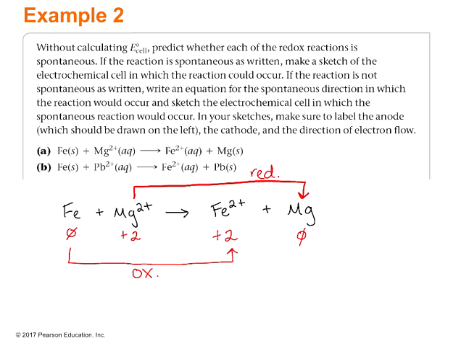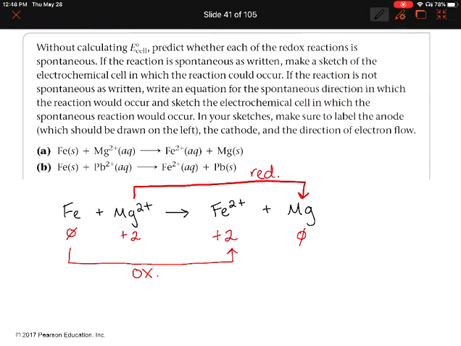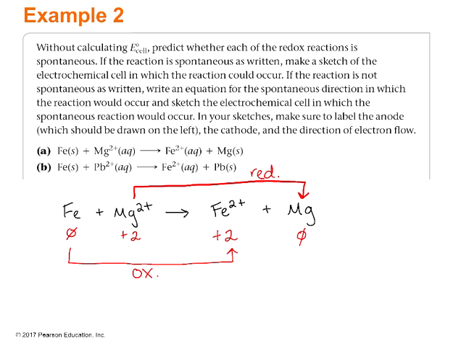Okay, so then we need to figure out, is this a spontaneous process or a non-spontaneous process? Let's look up these half reactions and their potential values. If you want to pause the video and double check that. For iron, the value is negative 0.45 volts.